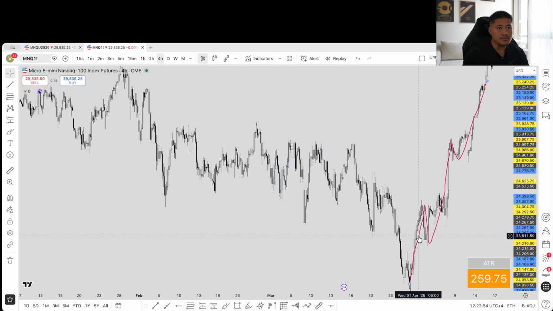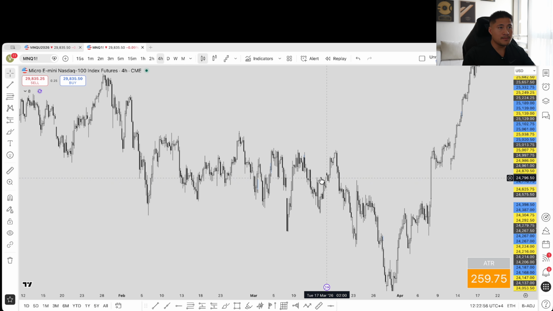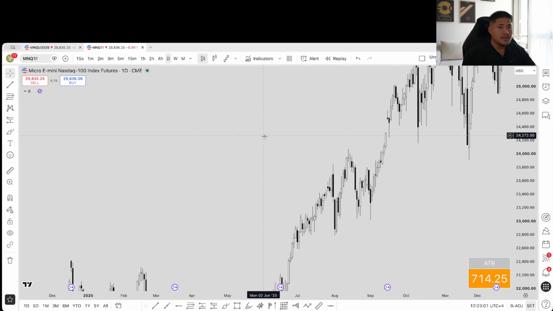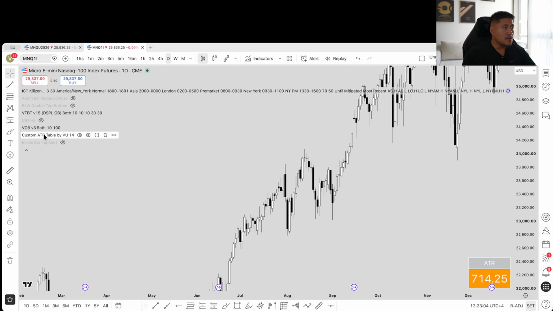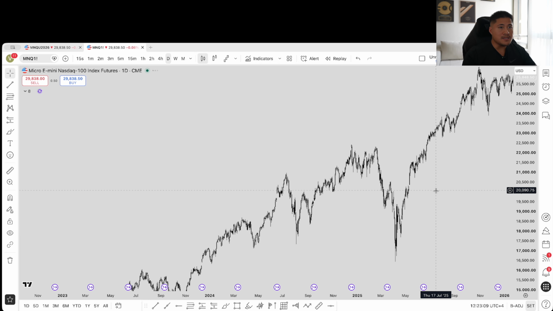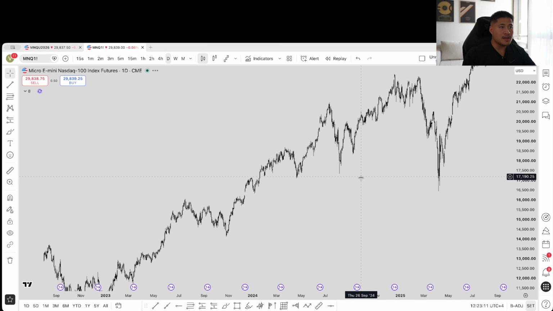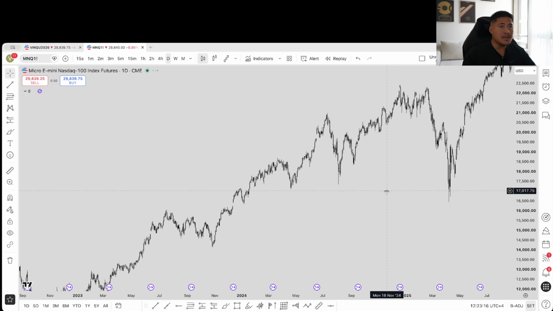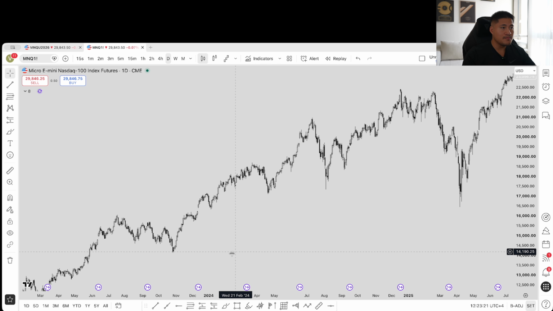So let's have a look at some other examples. If we go on the daily time frame, let me also remove this ATR. It's basically always the same, as you can see. On the daily time frame, it's even a little bit clearer in terms of price movement than on the intermediate or lower time frames.